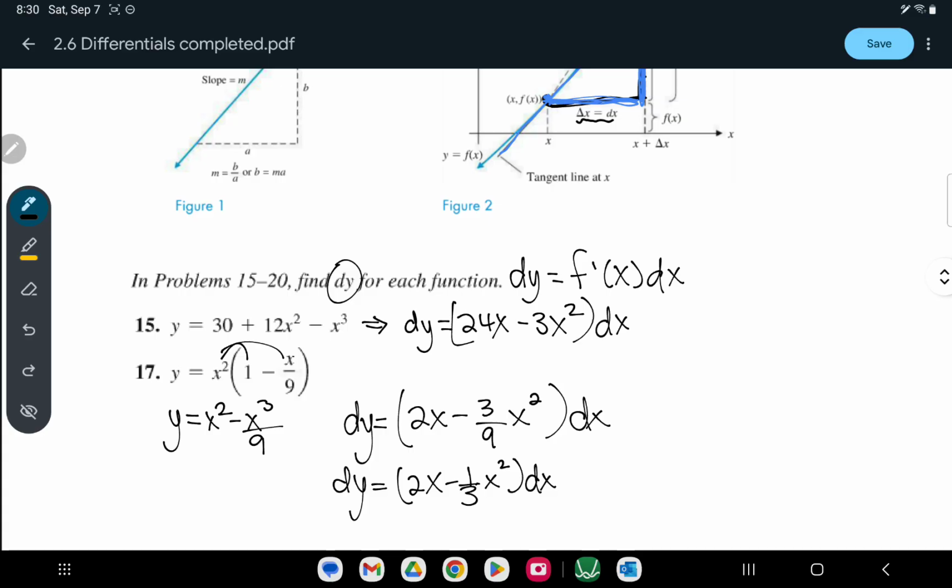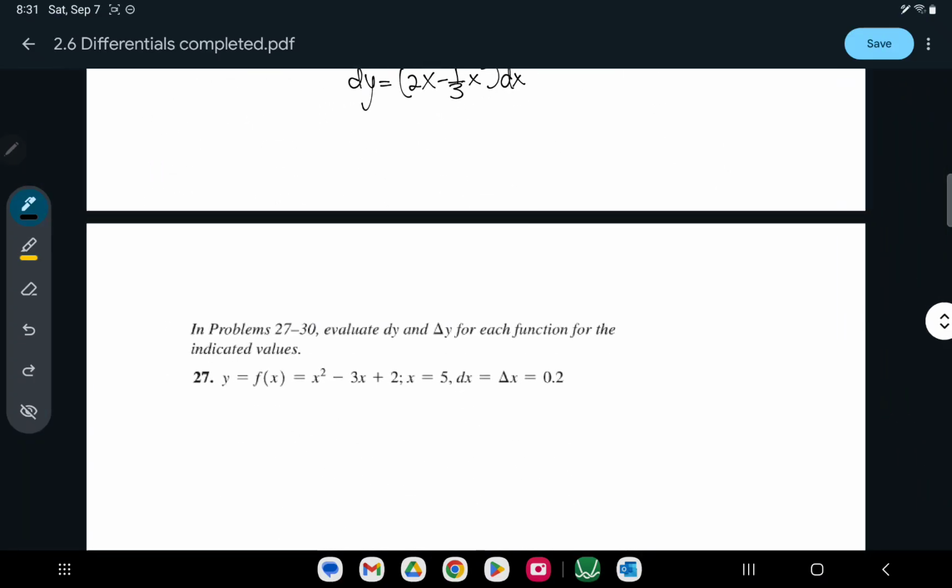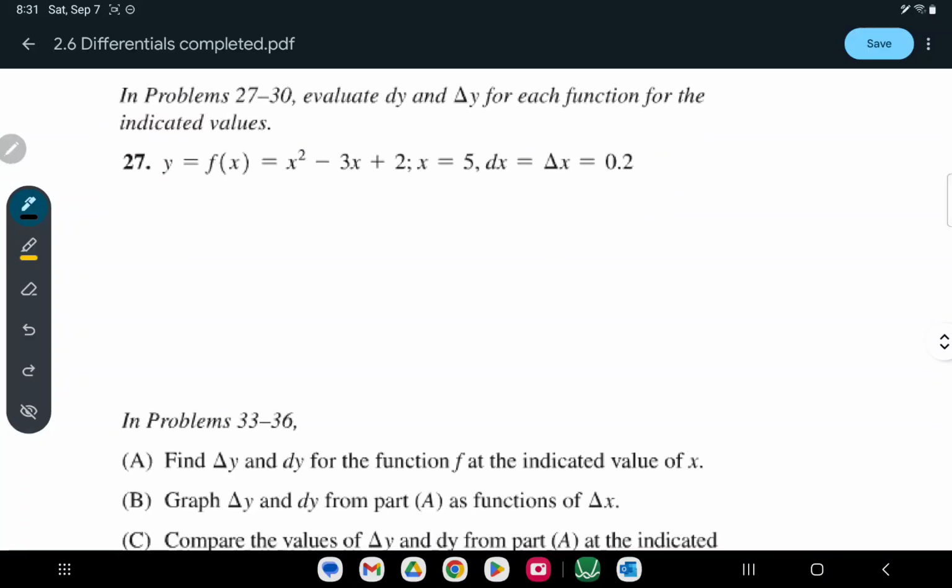Okay. Let's look at if we were given some more numbers. This is just our general stuff for these general functions here. Let's say we have a function. We have an x1 value, and we have a change in x value, or a dx.